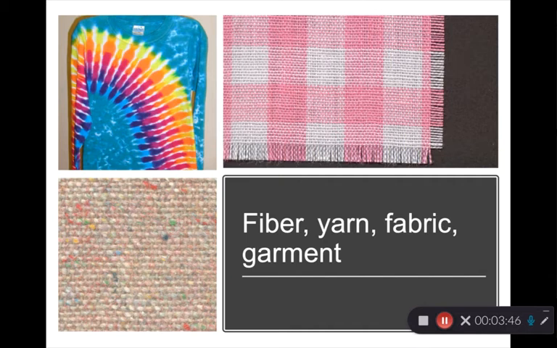Tie-dye also presents one of the larger classes of dyeing that we call resist dyeing. So tie-dye is a type of resist dyeing where, if you've ever done it, you know you tie up sections of the garment with rubber bands or something that will resist color, and then you dip it into color, going from light to dark.